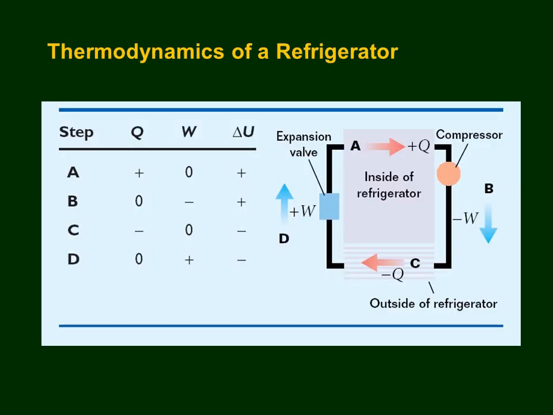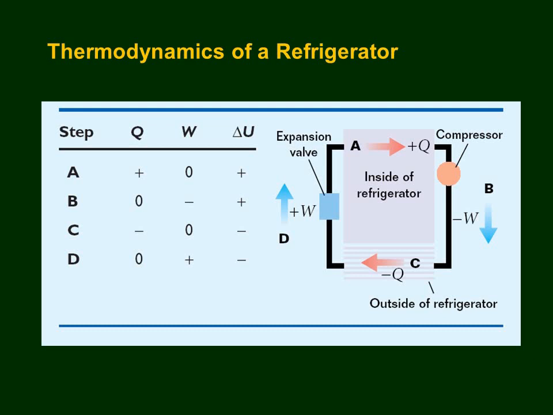And here are the signs for the heat, work, and the change in internal energy for the refrigeration process. Here at point A, heat is absorbed by the system from the freezer. No work is done at point A, work equals 0.